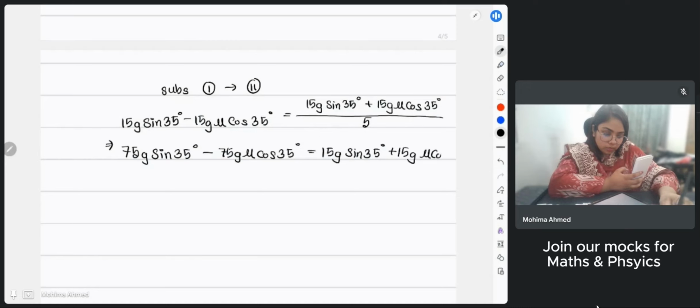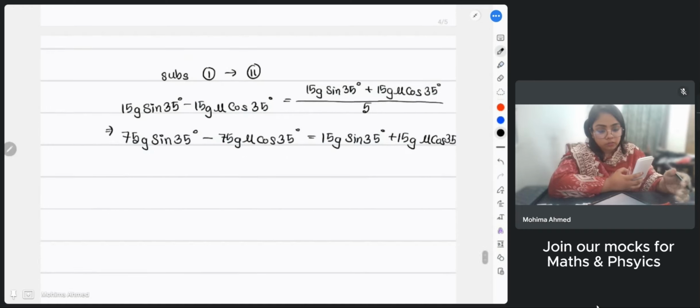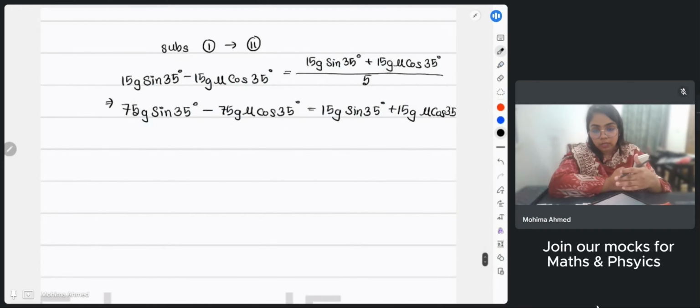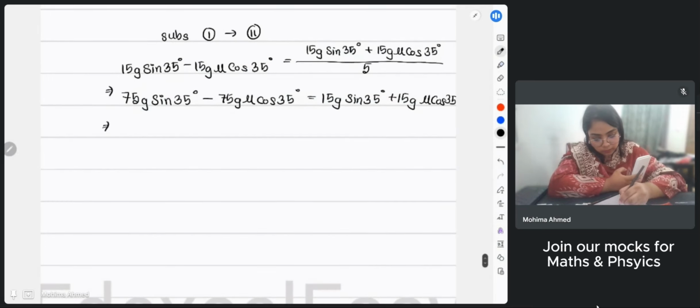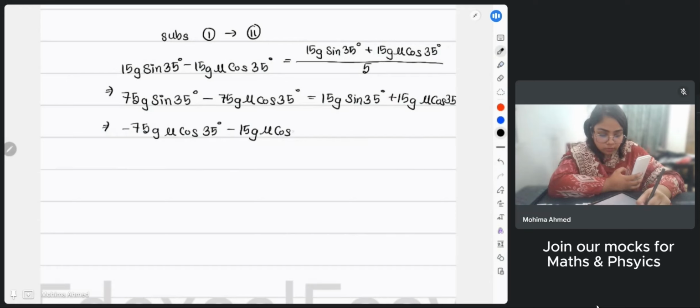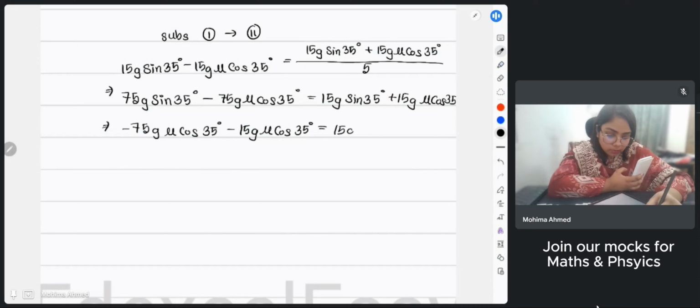Okay, now I'm obviously going to take every mu together and every 15g sine 35 together. So it's just going to be minus 75g mu cos 35 degree minus 15g mu cos 35 degree is equal to 15g sine 35 plus 75g sine 35.